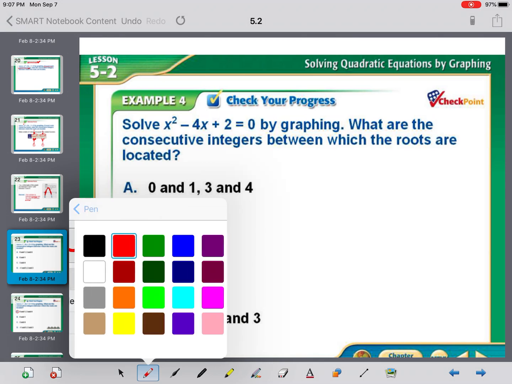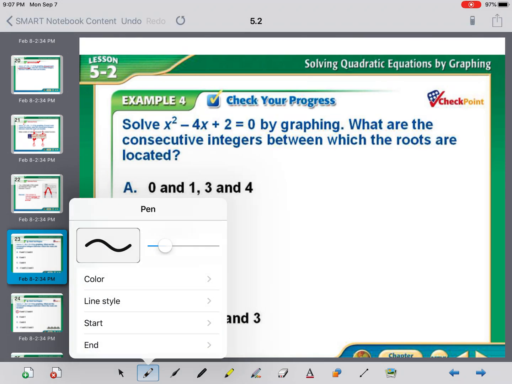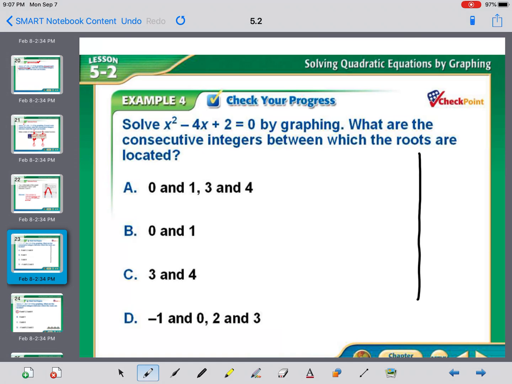So there we are. Same kind of thing here. Solve by graphing. What are the consecutive integers between which the roots are located? So I want to play through this thing a little bit and see what we can get. I could do a table of values, but really if I'm going to do a table, as I mentioned before, I need to know about the vertex.